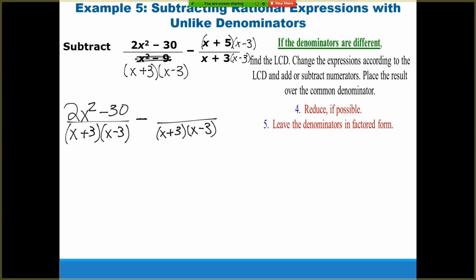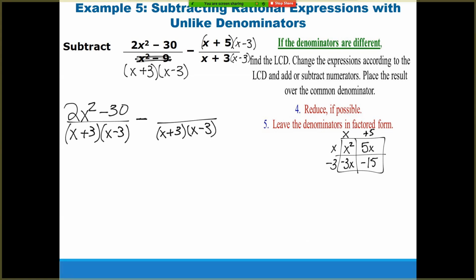I'm going to go down here. So x plus 5, x minus 3. So fill out your box. X times x, x squared. 5 times x is 5x. Negative 3 times x is negative 3x. And 5 times negative 3 is negative 15.